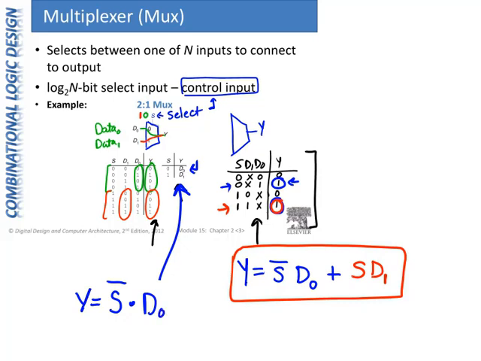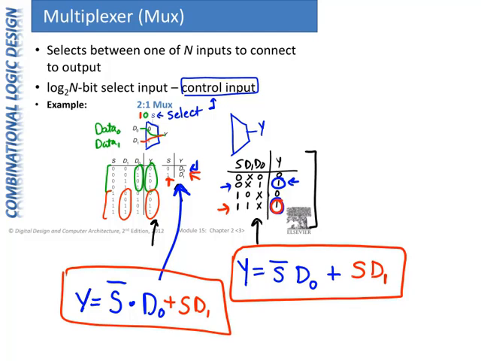Or the other way to make Y 1 is if select is 1, so S, and D1 is 1. Going from the truth table with don't cares, or the truth table that has variables in its output, or from the original expanded truth table using a K-map, for example, or Boolean algebra, we're going to get the same equation.